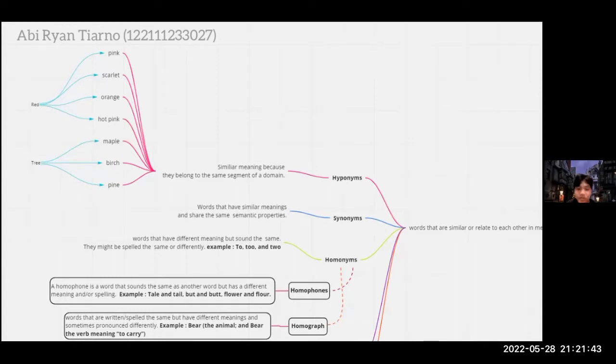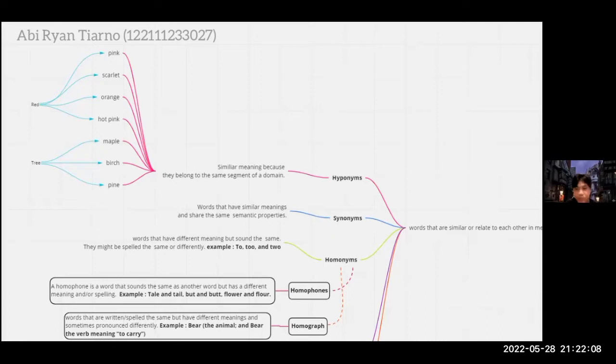In fact, if we were to focus on the red section of the domain of color, we would name many shades and tones of this portion of the color spectrum. Another example is branch, pines, birds, which belong to the tree.